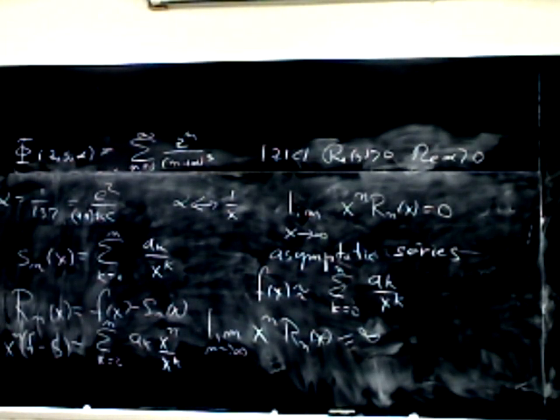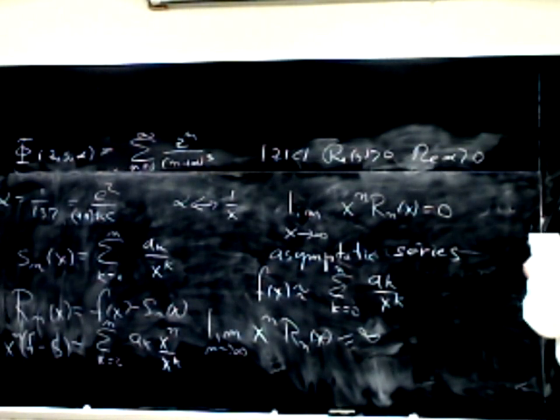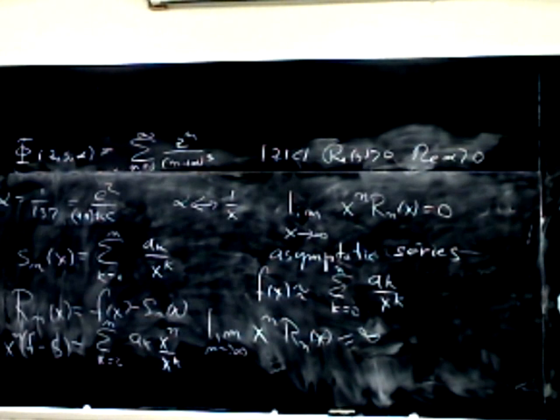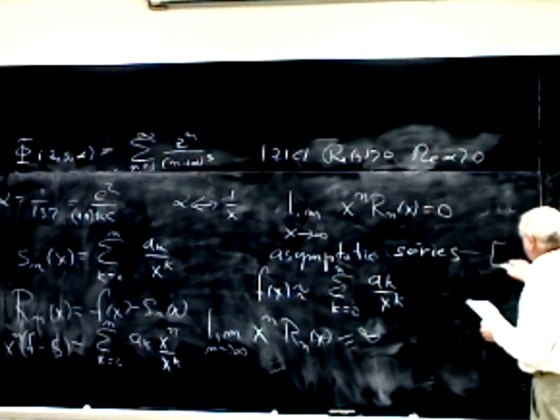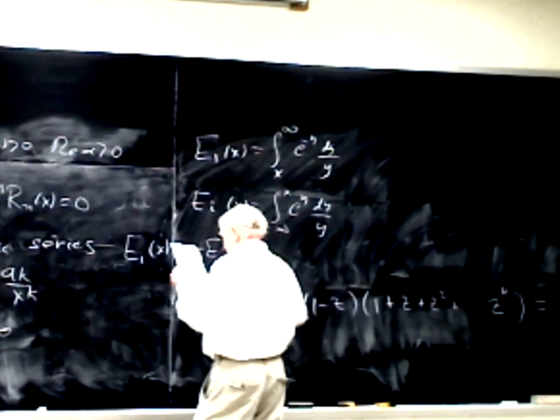It's related to the exponential integral function, Ei of x, which is an integral from minus infinity to x of e to the y, dy over y. The actual relationship is a kind of tricky formula: E1 of x is minus Ei of minus x.